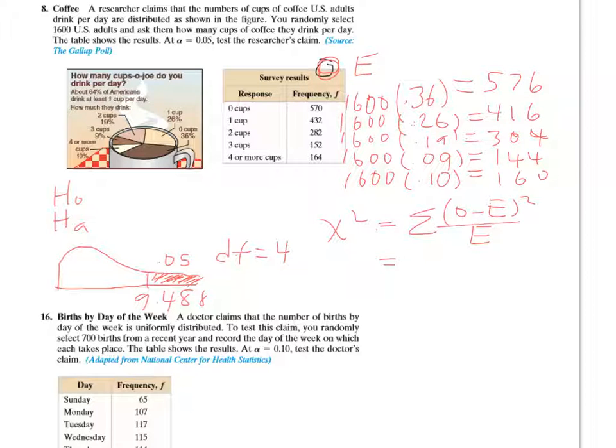So as you can see, each of these E's and O's are slightly different from each other, and the job of chi-square is to see if this set of 5 numbers is significantly different from this set of 5 numbers. So in order to do that, I have to do the summation of O minus E squared over E. And what that looks like as we start to calculate it would be for the first category, the O is 570, the E is 576. I have to square that, divide by 576.